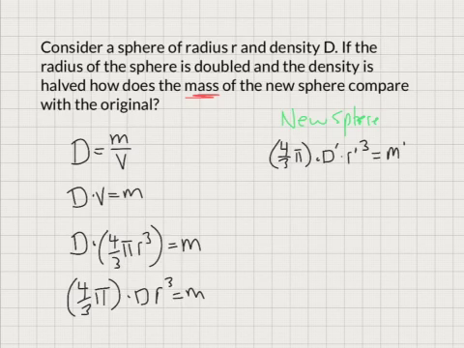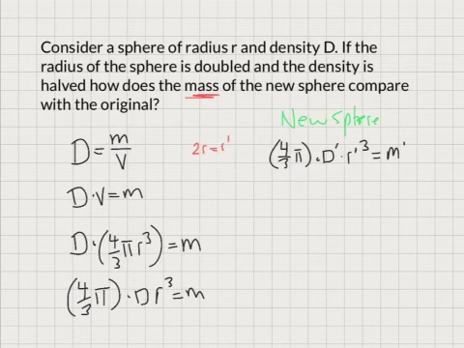A couple other things to note off to the side. Remember that the radius doubles, so 2r is equal to r prime. In other words, if the radius of the sphere is doubled, twice the original radius equals the radius of our new sphere.